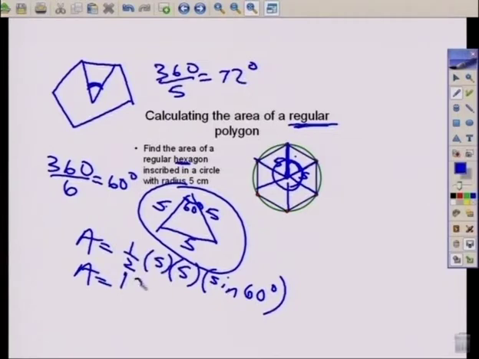So this is 12.5 times the sine of 60. From our previous discussions, we know that in a 30, 60, 90 triangle, this is a 60-degree angle. This is root 3 compared to 2 compared to 1. We know that the sine of 60 degrees is root 3 over 2.